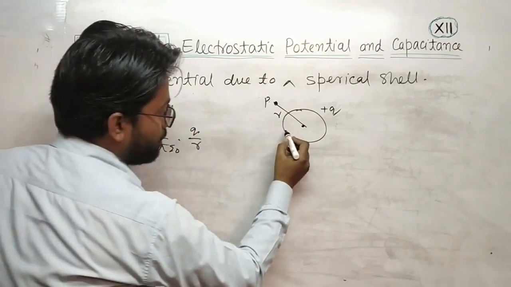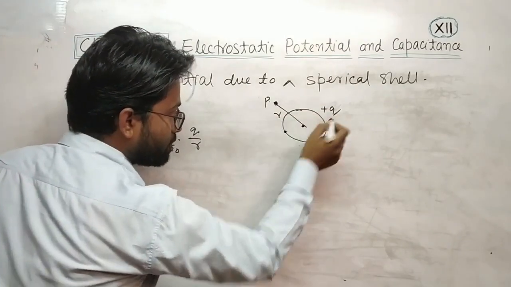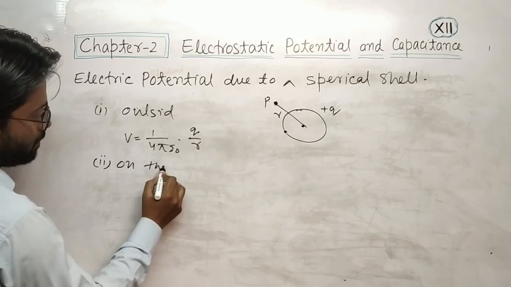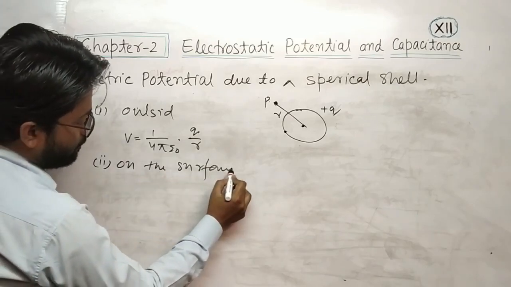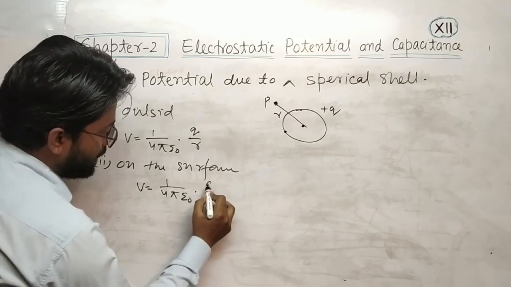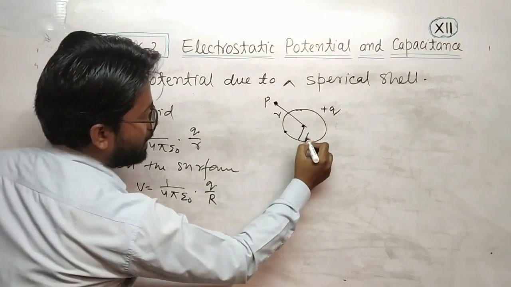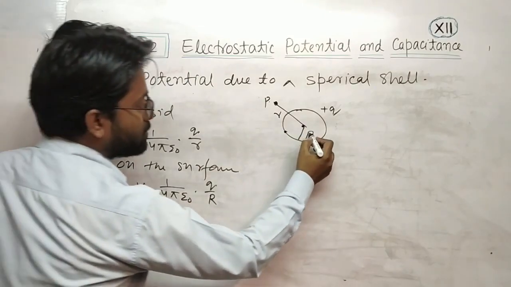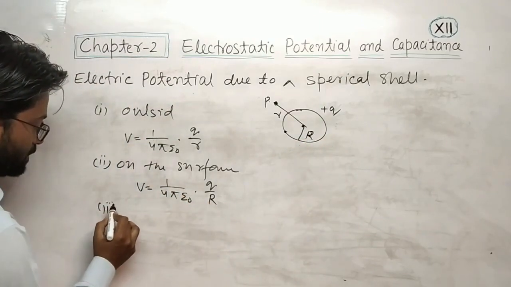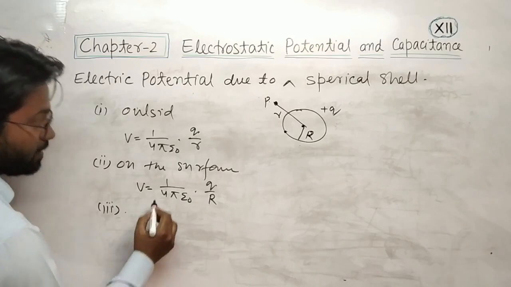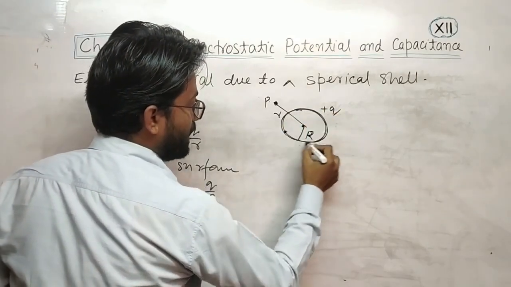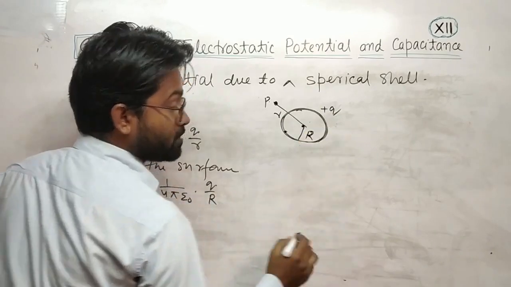If the point is on the surface of the spherical shell, V is equal to 1 upon 4 pi epsilon naught q upon capital R, if the radius of the spherical shell is capital R. If the point is inside, we know that the electric field inside a conducting spherical shell is 0.